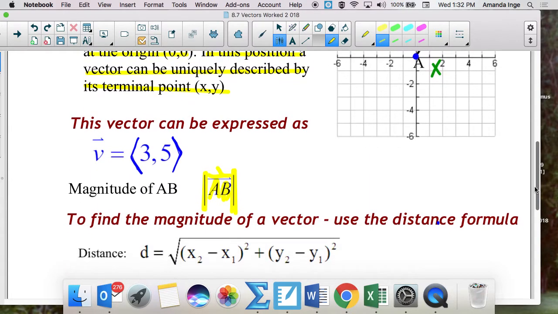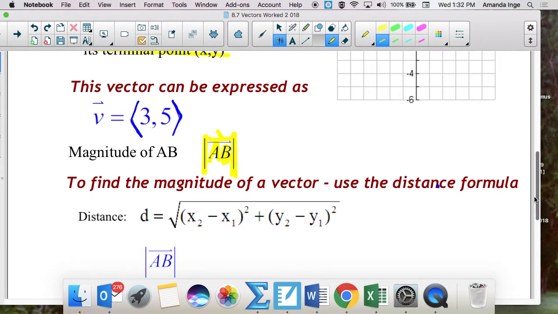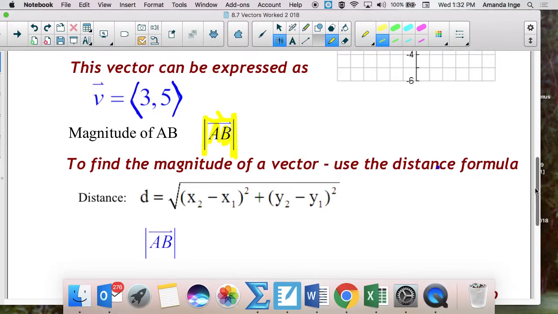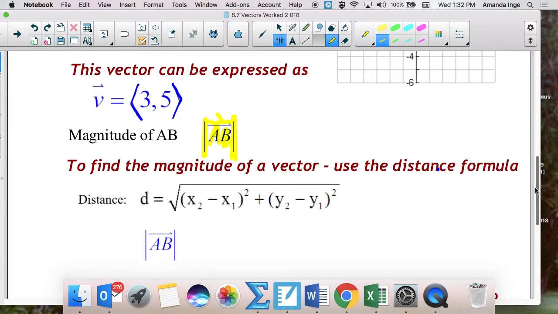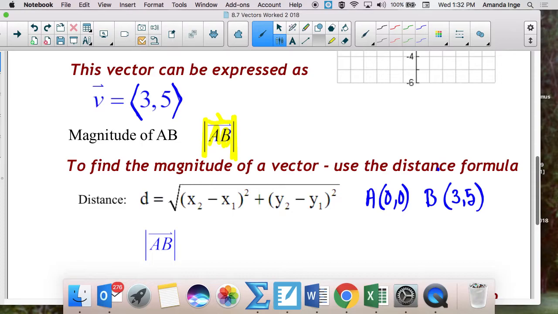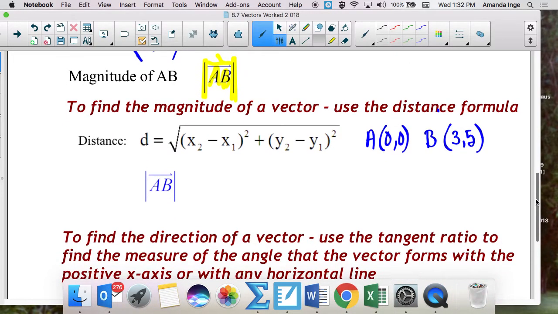To find the magnitude of a vector, we're going to use the distance formula. So in this case, we had A at 0, 0, and we had B at 3 and 5. So that finds the length of the vector.